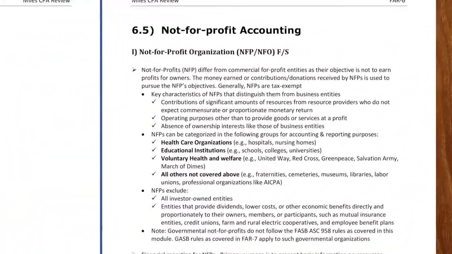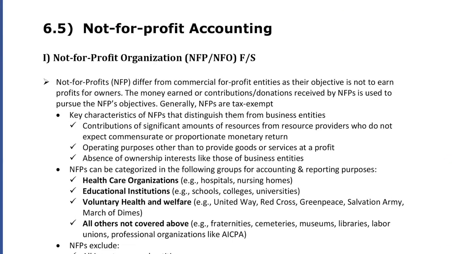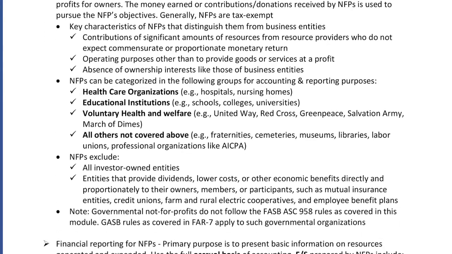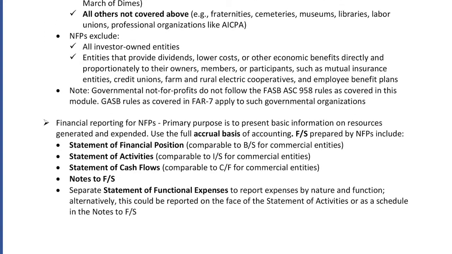Starting page 43, we are looking at accounting for, highlight, not-for-profit organizations or NFP. And towards the bottom of this page, we've got the financial statements prepared by not-for-profits. So put a box around financial statements and highlight the statement of financial position, the balance sheet. Highlight statement of activities. Compare it to the income statement that we have for commercial entities.